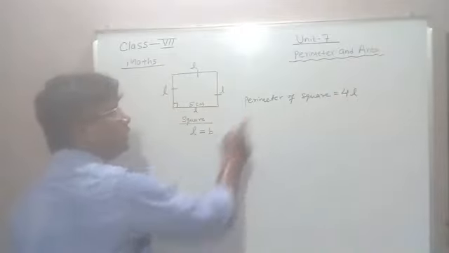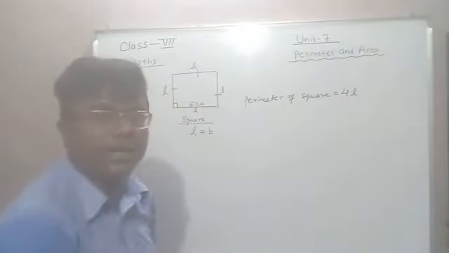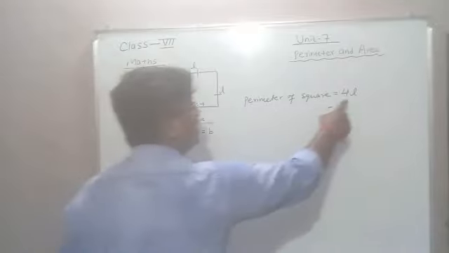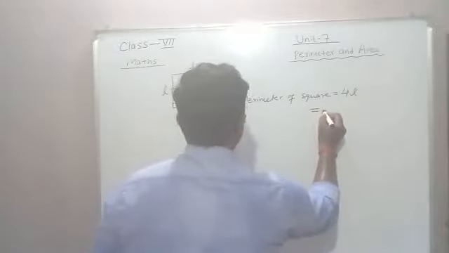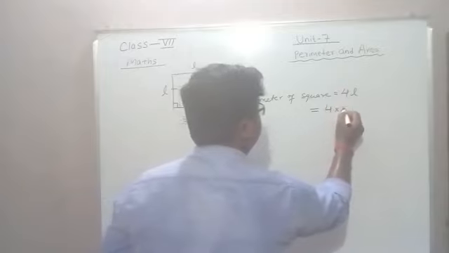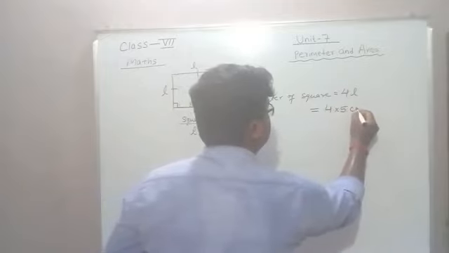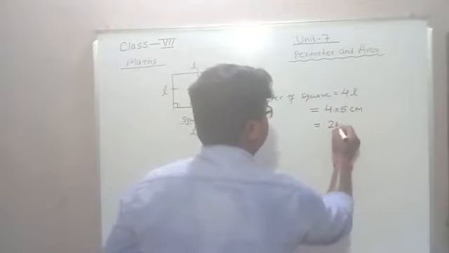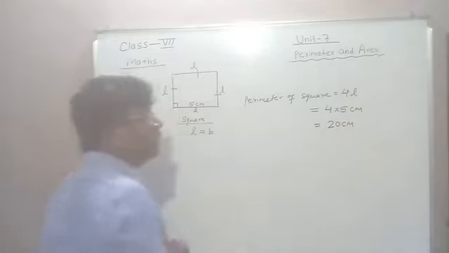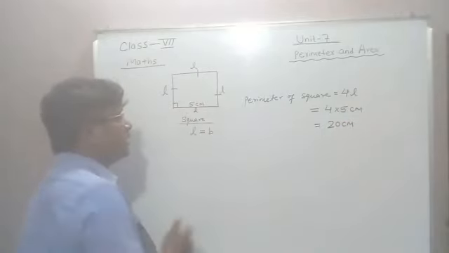This is the formula for the perimeter of a square. If length is 5 centimeter, then the perimeter is 4 into 5, which is 20 centimeter.